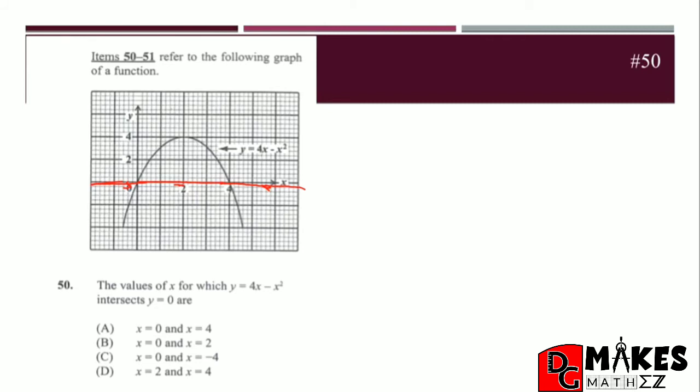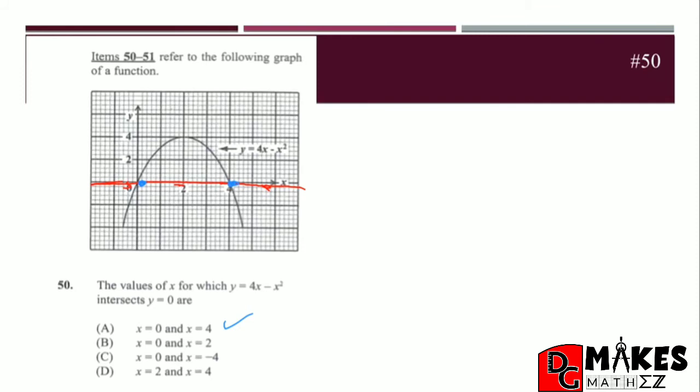In other words, look on the graph and see where exactly the graph meets this line. That would have been clearly here and here, so these values would have been 0 and 4. Bear in mind, we could have gotten this same question without a graph, and it could have still read the same way: the values of x for which this function, y equals 4x minus x squared, intersects y equals 0.